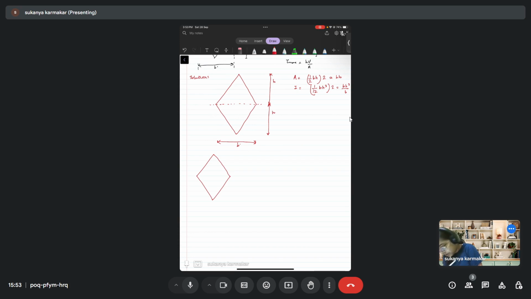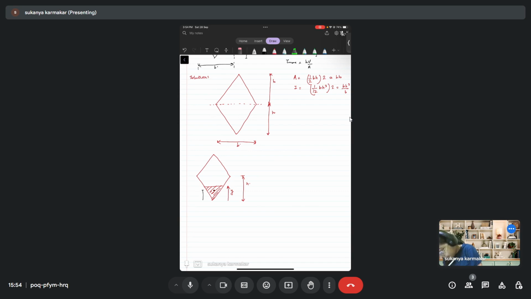Now, this is the diamond cross section which you have. This is height h. Suppose we measure the y distance from this tip. This distance is y. Where will be the centroid of this triangle located?